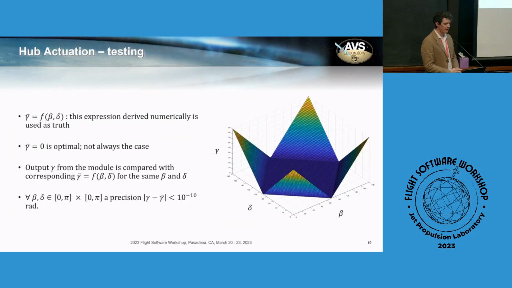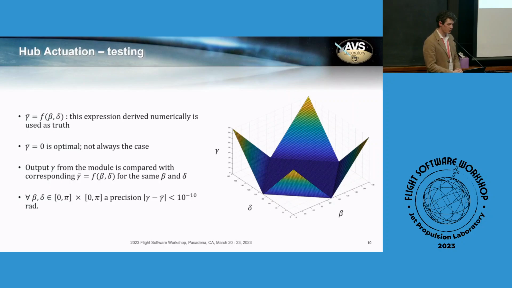This means that even though we obtained this nice plot on the right via numerical simulations, we can come up with an analytical formulation for the expected result of this module, which is simply the combination of 5 planes in 3D. This is very handy because it gives us the truth that I was talking about against which we can test the output of this module.